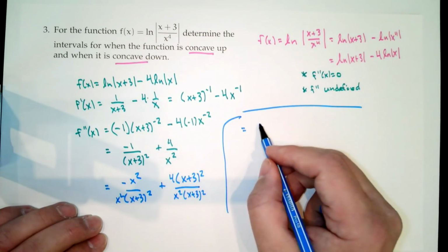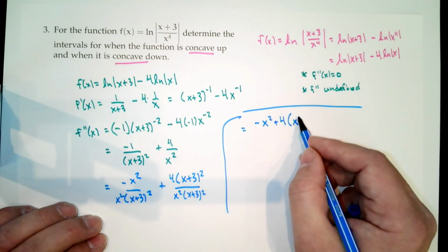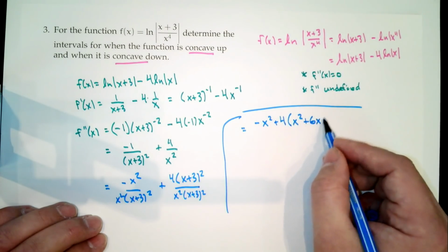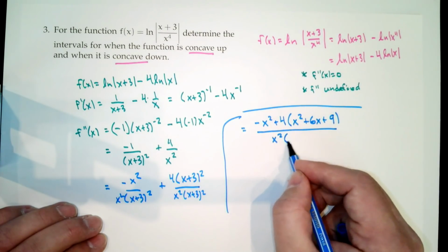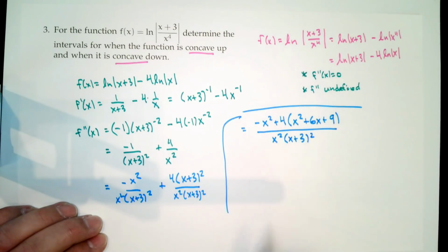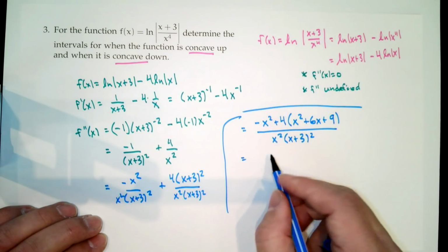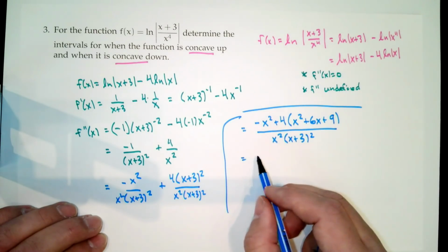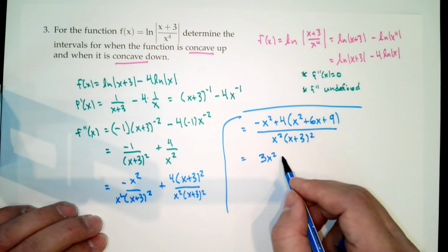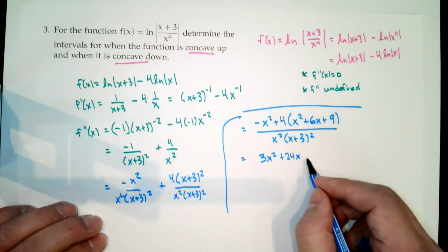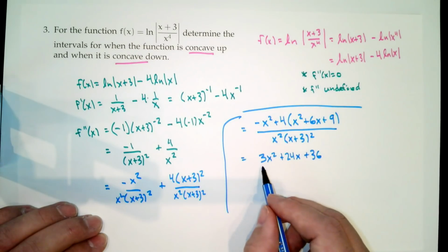We have upstairs minus x squared plus 4 times x squared plus 6x plus 9. It's making me a little nervous. Well, we'll see what happens. Over x squared times x plus 3 squared. All right. Well, let's see, what do we get? That becomes minus x squared plus 4x squared, which is 3x squared, then plus 24x plus 36. So I multiplied the 4 through, and I subtracted the x squared off.